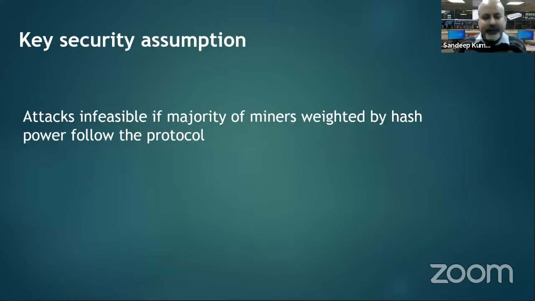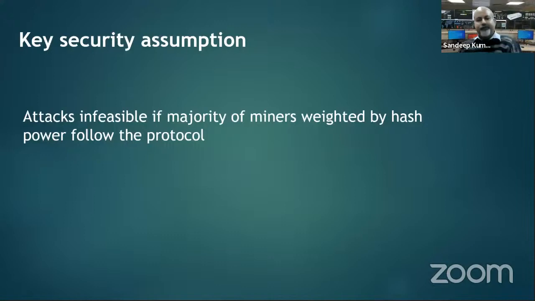But what happened until recently, China has now banned Bitcoin mining. But until then, that was probably in September this year, most companies that had huge hardware farms to mine Bitcoins actually were in China.